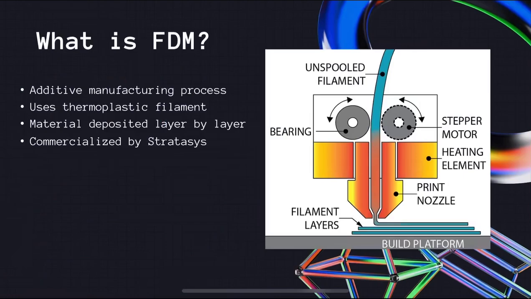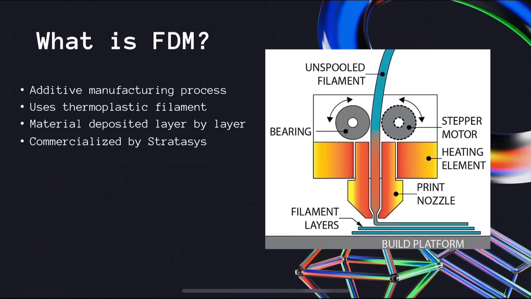What is FDM? Fused deposition modeling is an additive manufacturing process. Additive manufacturing means building objects layer by layer instead of removing material like in traditional machining processes such as milling or turning. In FDM, a thermoplastic filament is used as the raw material.